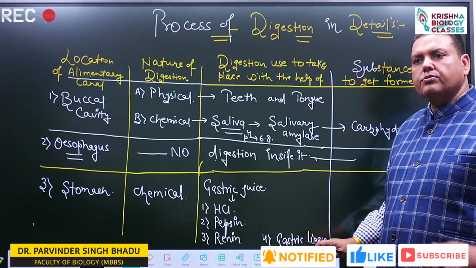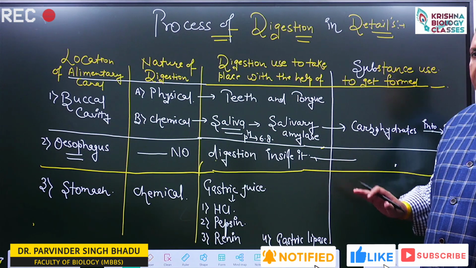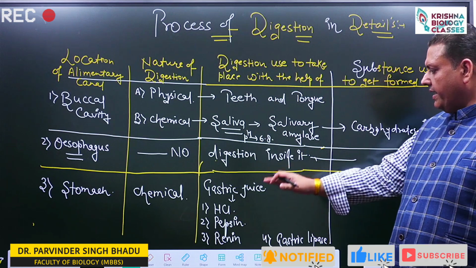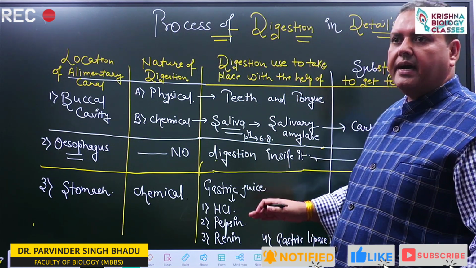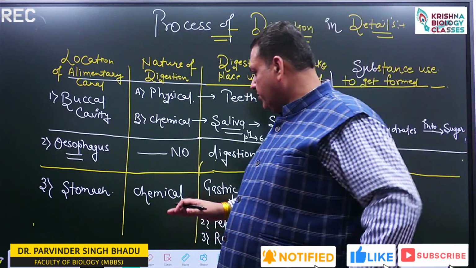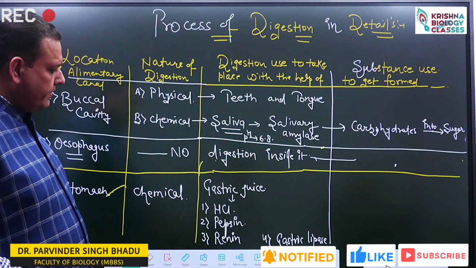So how did the question come in board examination? Explain the components of the gastric juice and their actions. So we used to say gastric juice is secreted by the gastric glands present on the surface of the stomach. So inside the stomach, on the surface, gastric glands are present.